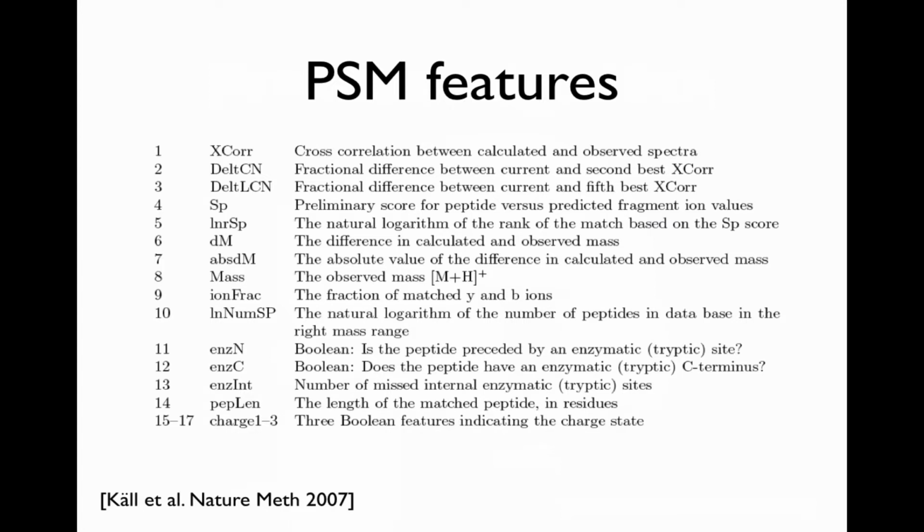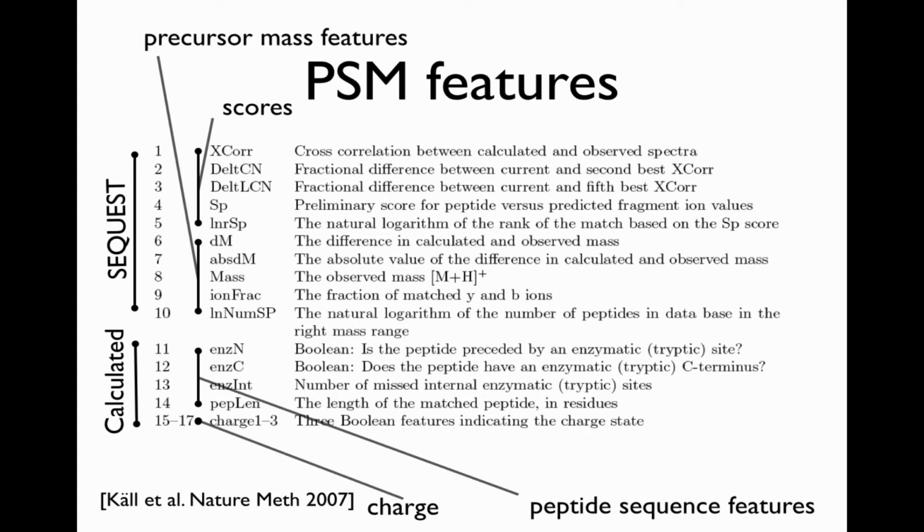In the original article, we used a set of 17 different features, all stemming from Sequest, whereof some were directly reported from the program and some were calculated by hand. They would typically be different types of scores coming from Sequest and different precursor mass features reported by Sequest. But as well, we used peptide sequence features and the charge states, etc.